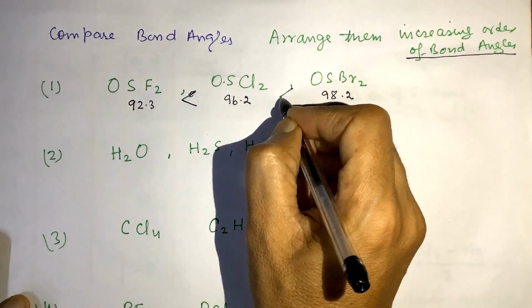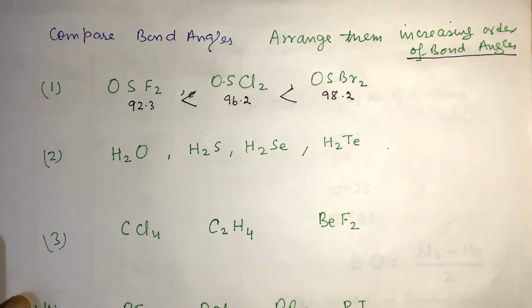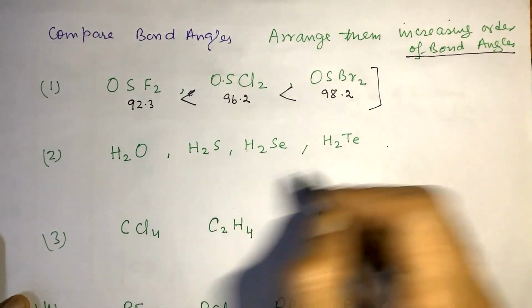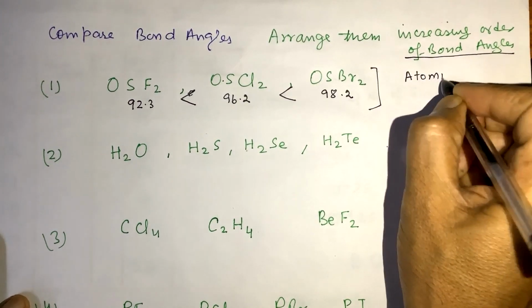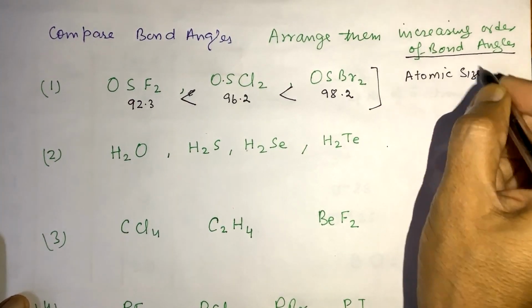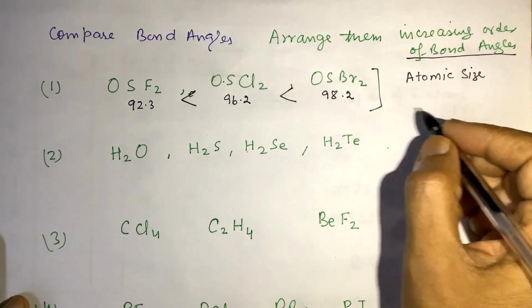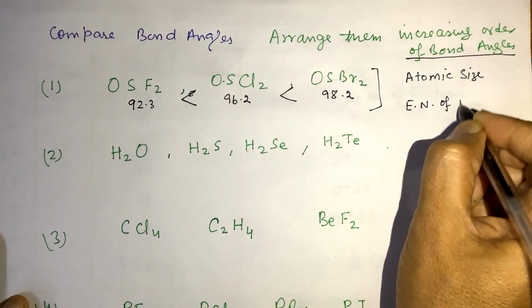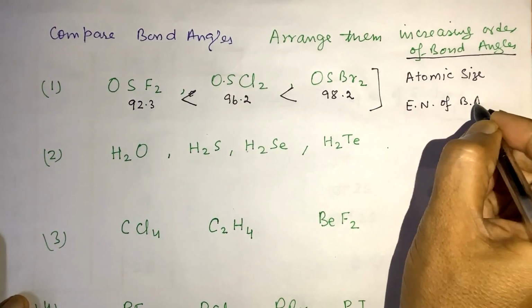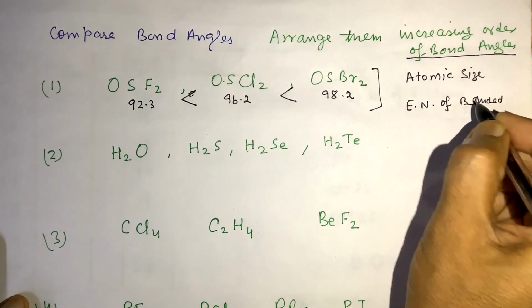OSF2 first. This is the increasing order, and the main principle is that it is based on the atomic size of the bonded atom as well as the electronegativity of the bonded atom.